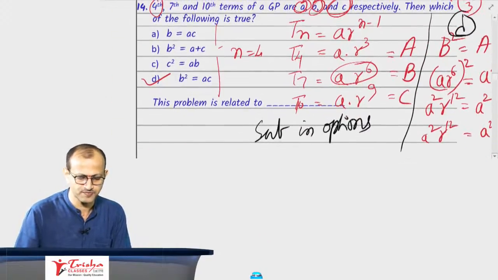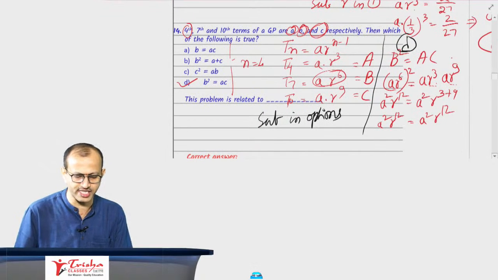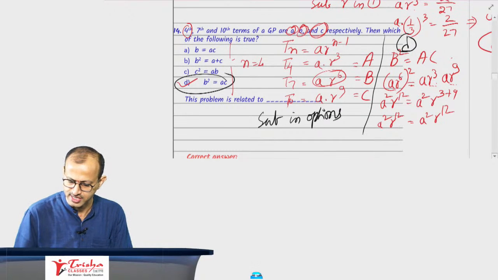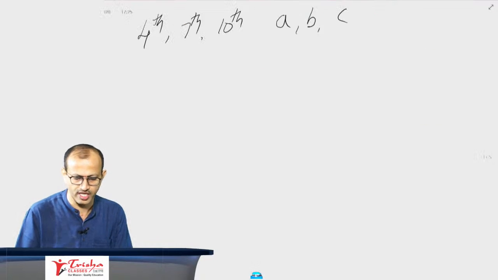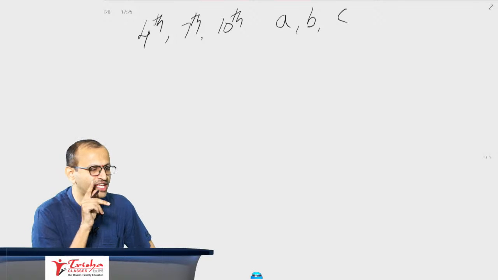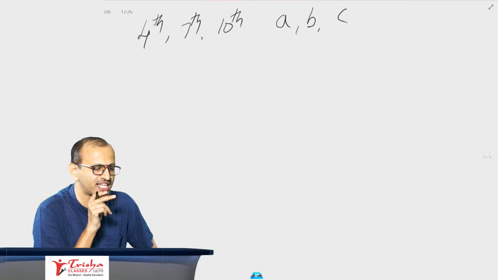Here is the question. It is B is equal to AC, etc. We finally said B square is equal to AC is the right answer. Okay. Now, all of you are there with me? One single letter yes to tell that you are there with me.